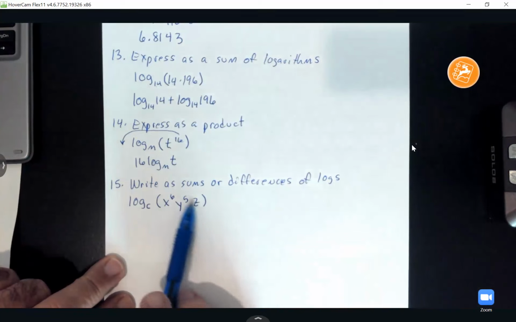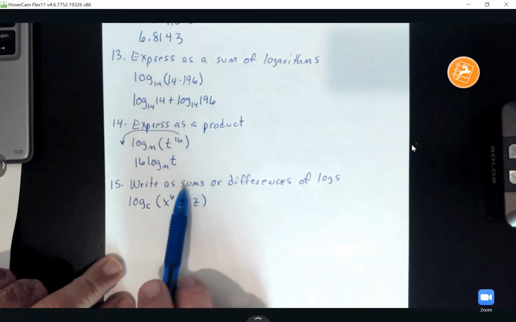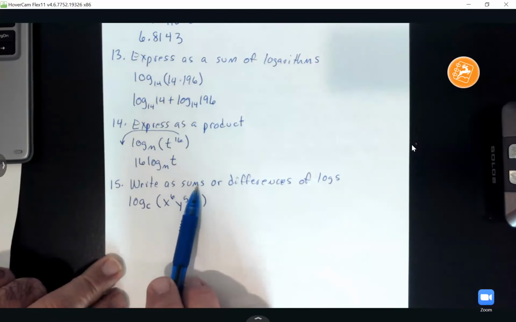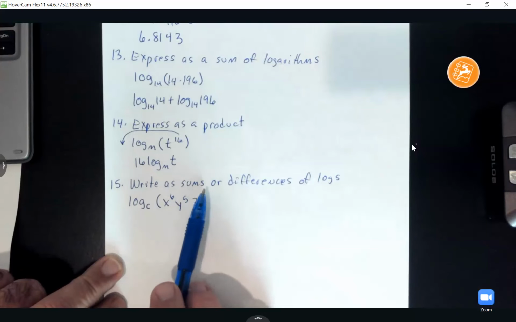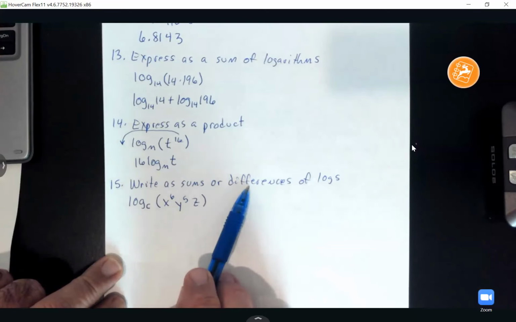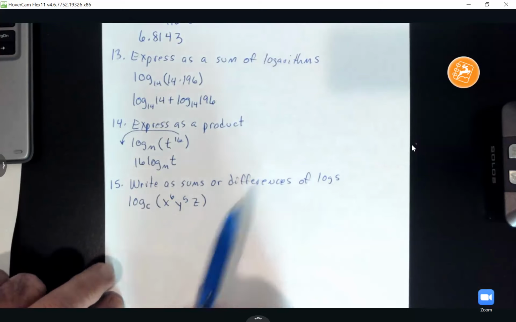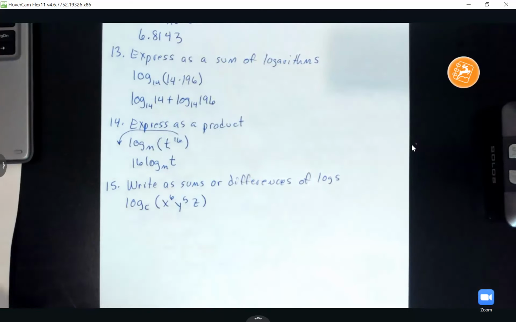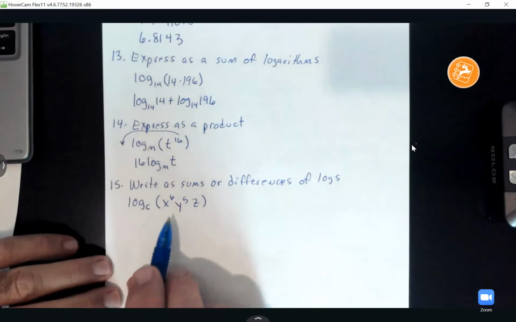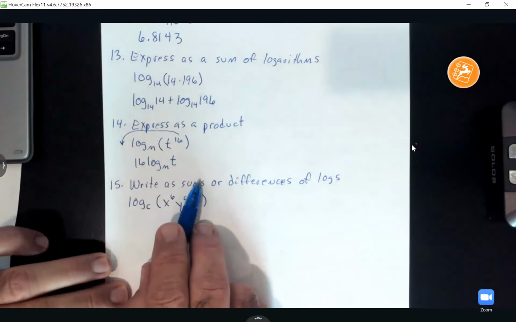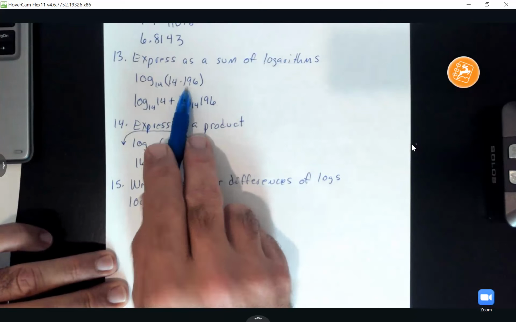Since these are being multiplied, we'll be rewriting these as sums. We won't have any differences on this one. You only got differences when you had quotients, or stuff that was being divided. So since these are being multiplied, this will be sums, just like we had up here on 13.